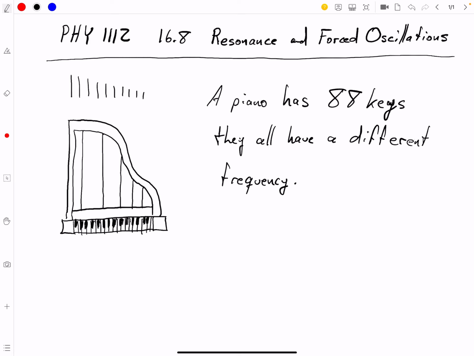And it makes sense that the strings would be different for each of those frequencies, like we laid out here.